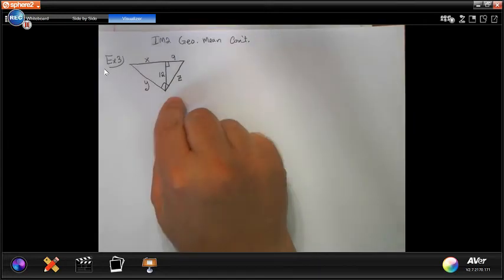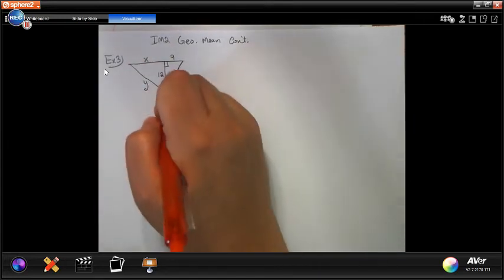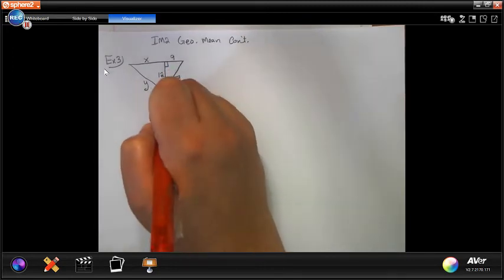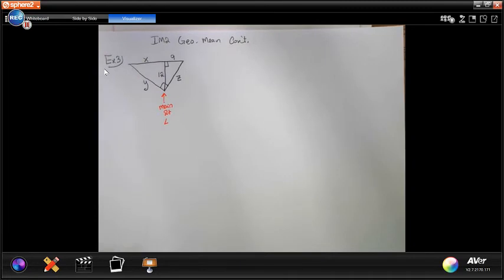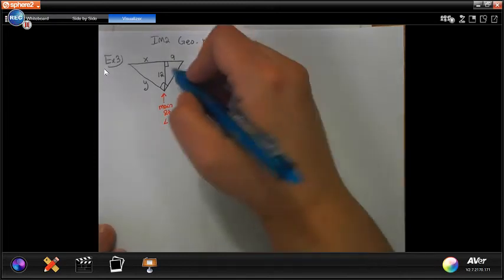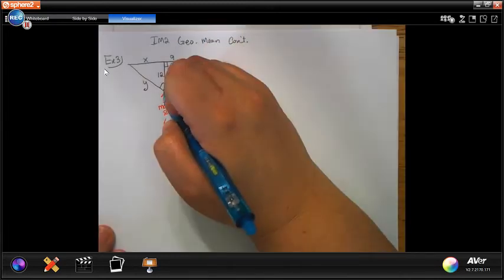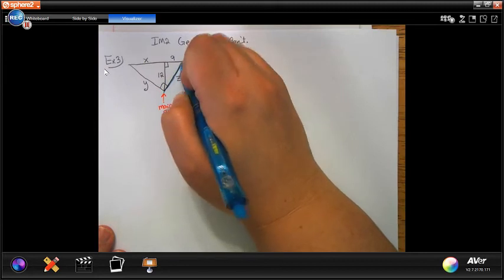We're looking at the main right triangle. The main right angle is that one. From that angle, we have the 2 legs. So here's a leg.